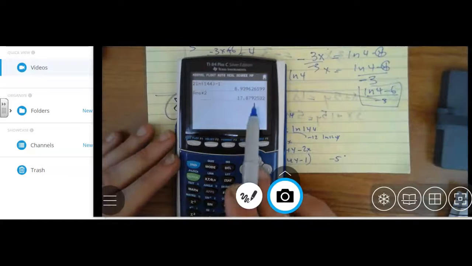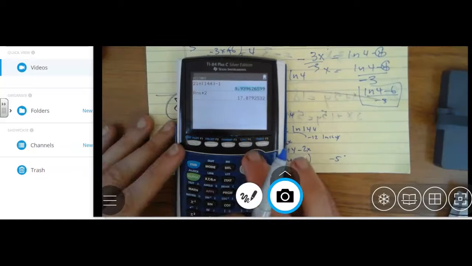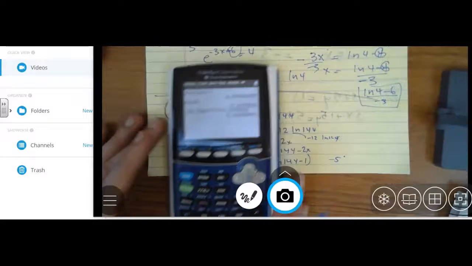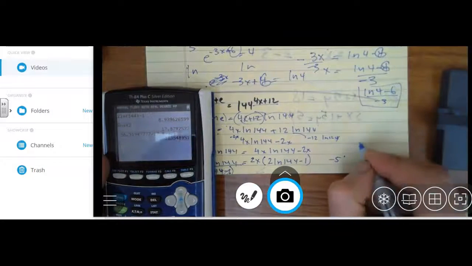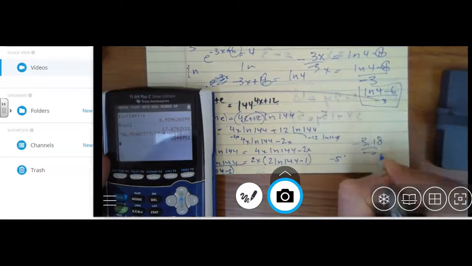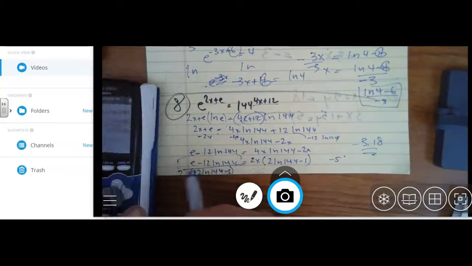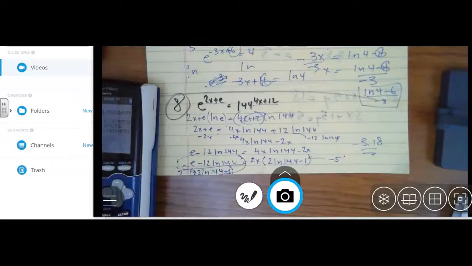When we took that answer, we get 17.87. So we go back to the 56, that number, and divide it by the 17 number that we just got, and we should get negative 3.18, which is our final decimal answer for this one. Okay, so this is our expression, and this is our decimal answer.